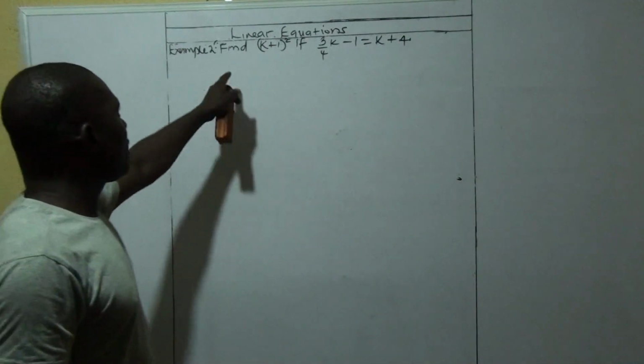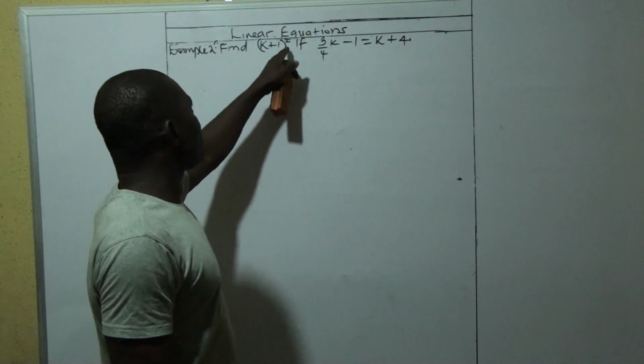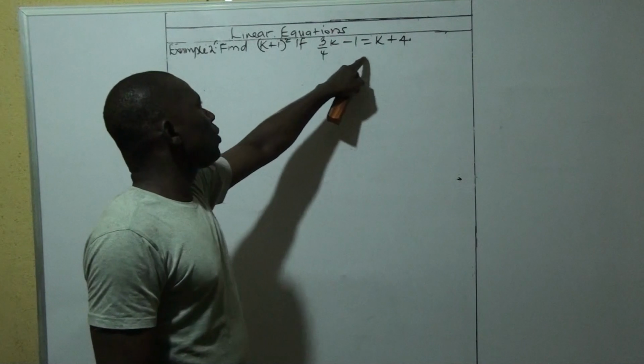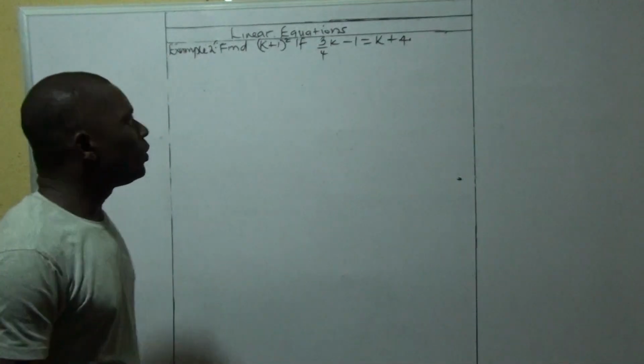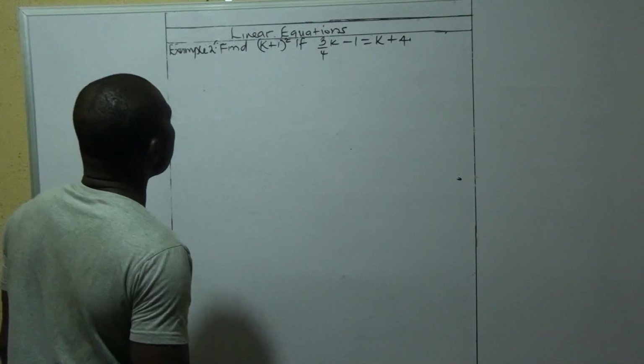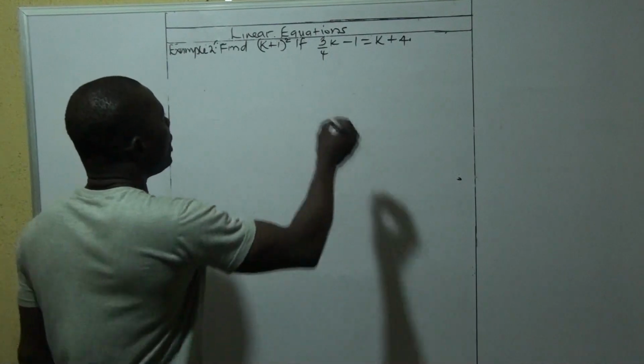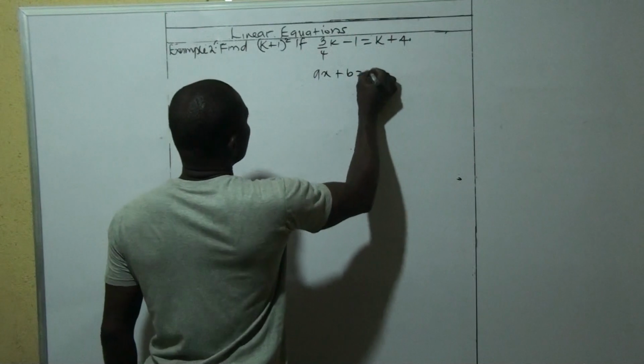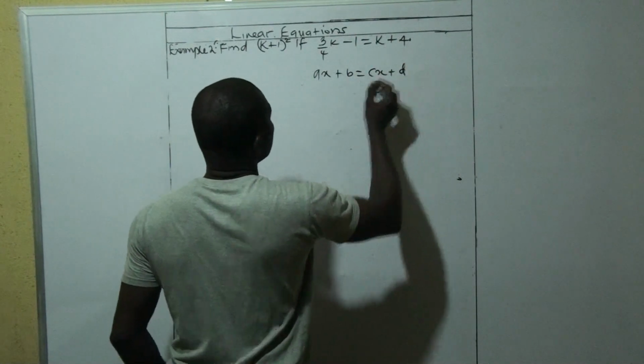Okay, find (k plus 1), close bracket, raised to power 2, if 3 over 4 k minus 1 is equal to k plus 4. You see that it's typically of the form ax plus b is equal to cx plus d.